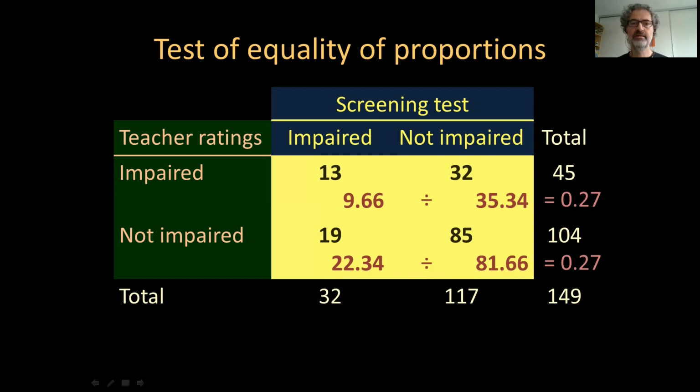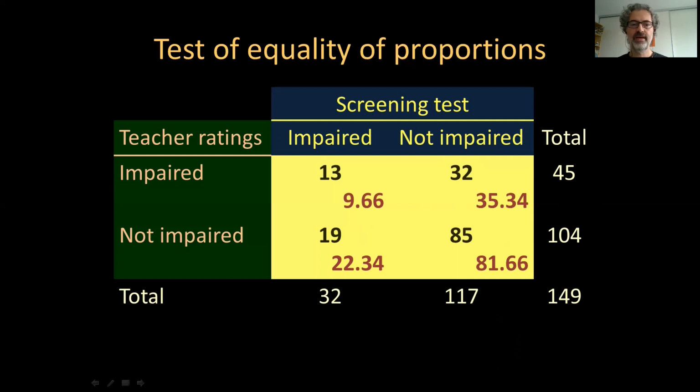What about in the other direction? If we divide this number by this number, the result is 0.43. If we divide this number by this number, the result is again 0.43. So we have equal proportions of rows over the two columns.